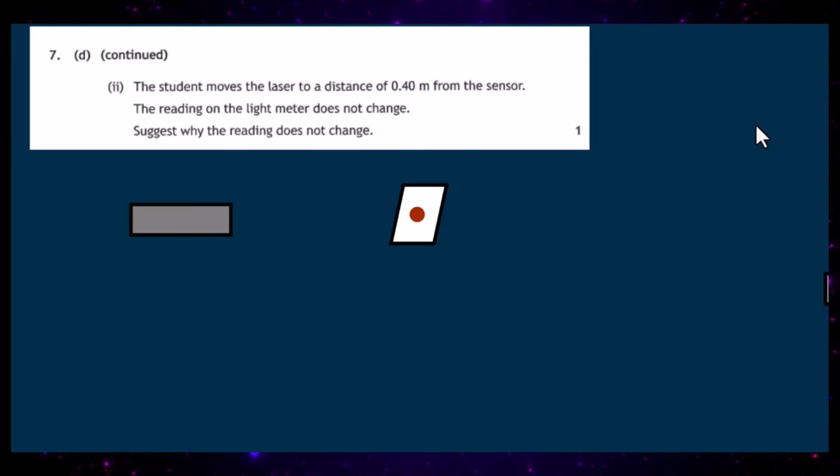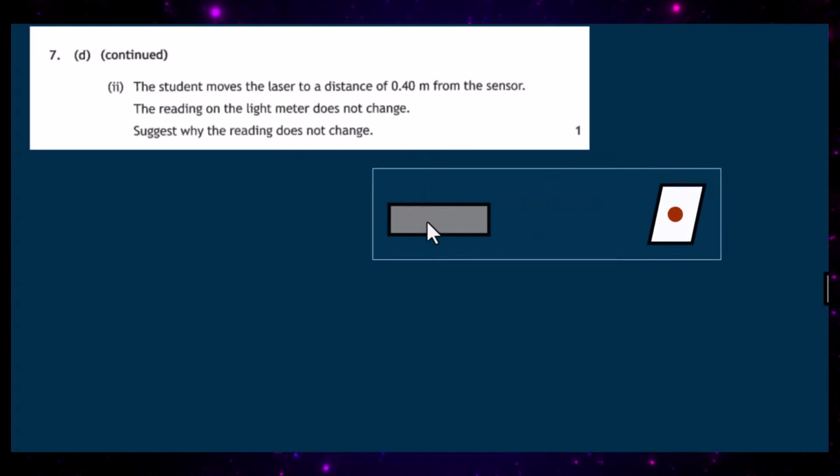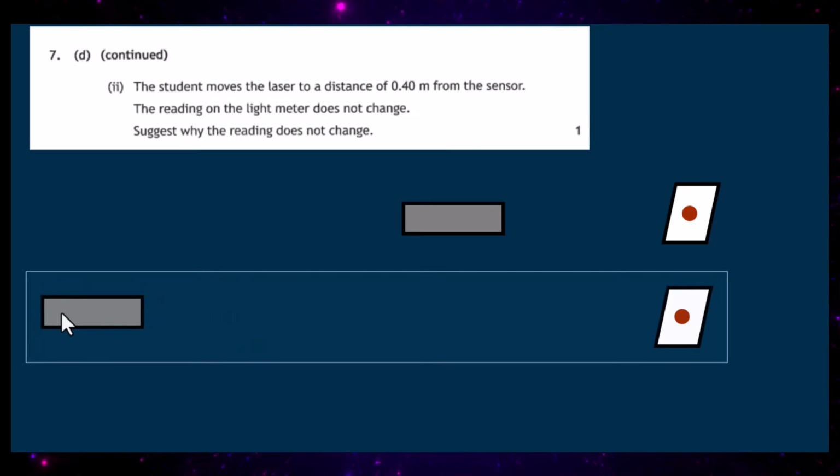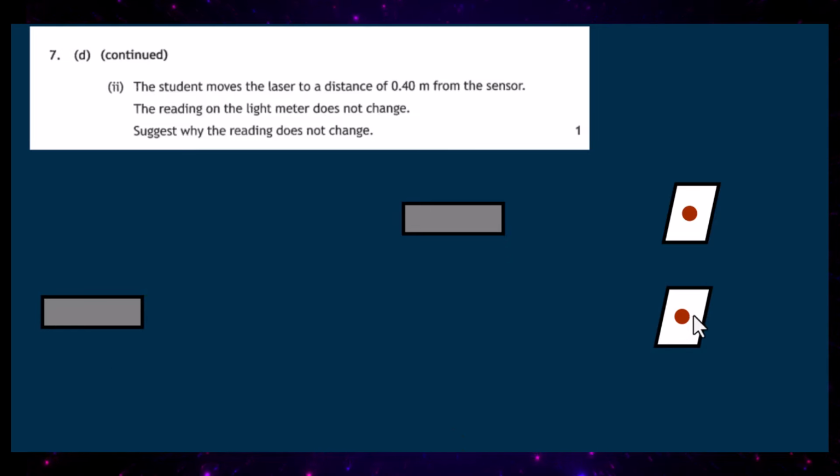Now, because the laser has concentrated light, it's very coherent light. It means that if you move the laser further away from the screen, it's not going to make any difference to the diameter of the beam. So if I take that laser and move it further away from the screen to over this position, the diameter of the laser beam falling onto the sensor or the screen doesn't change at all.